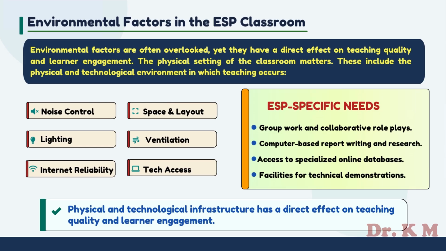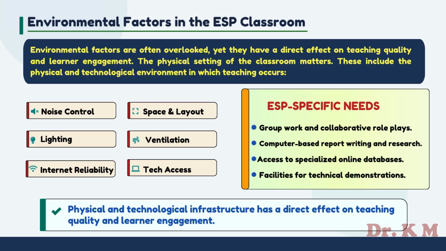Environmental factors. Environmental factors are often overlooked, yet they have a direct effect on teaching quality and learner engagement. The physical setting of the classroom matters. A crowded room, poor lighting, uncomfortable seating, or constant noise can reduce concentration and participation. These include the physical and technological environment in which teaching occurs.